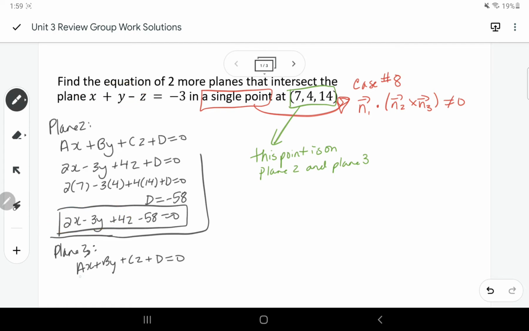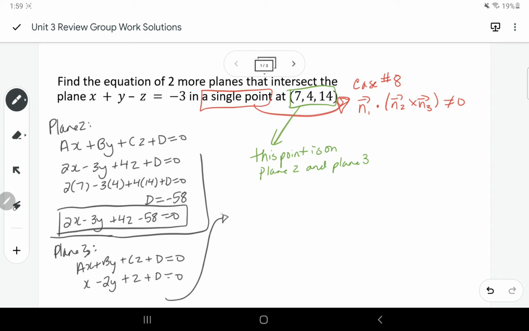So that's okay. I might say that this is x minus 2y plus z plus d equals 0. So the normal here is 1, negative 2, and 1.